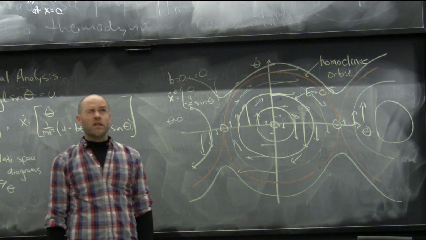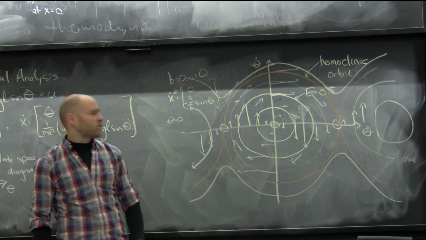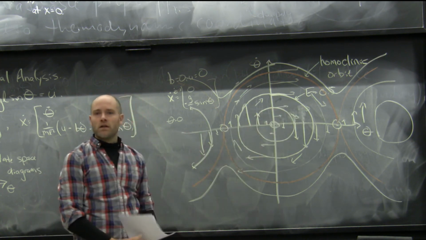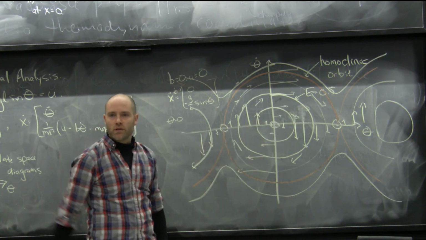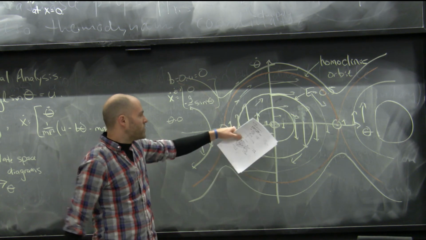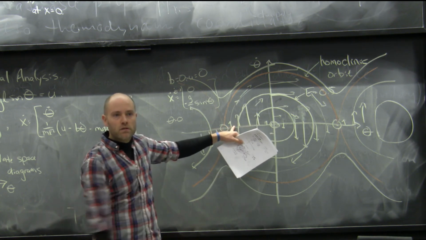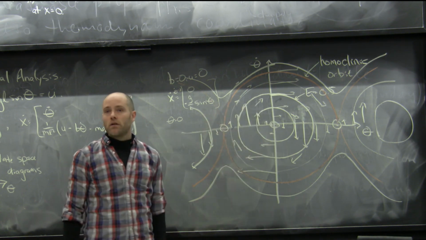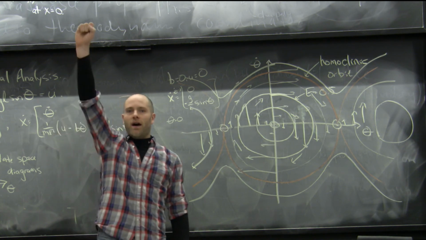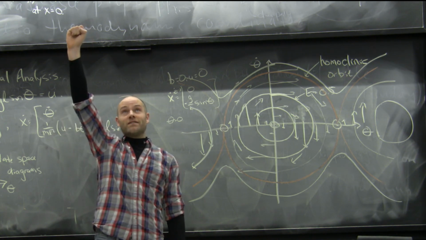Can you visually understand what that orbit looks like? So first of all, what does this orbit look like? That's just an oscillation like this around the origin. If I add more energy to the system, I get a bigger oscillation. What does the orange one look like? Yeah, right, so it's unstable here.